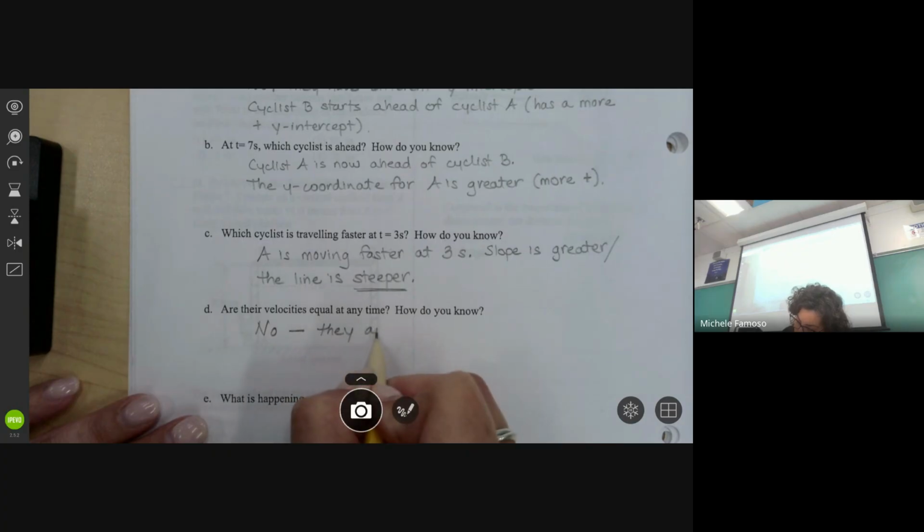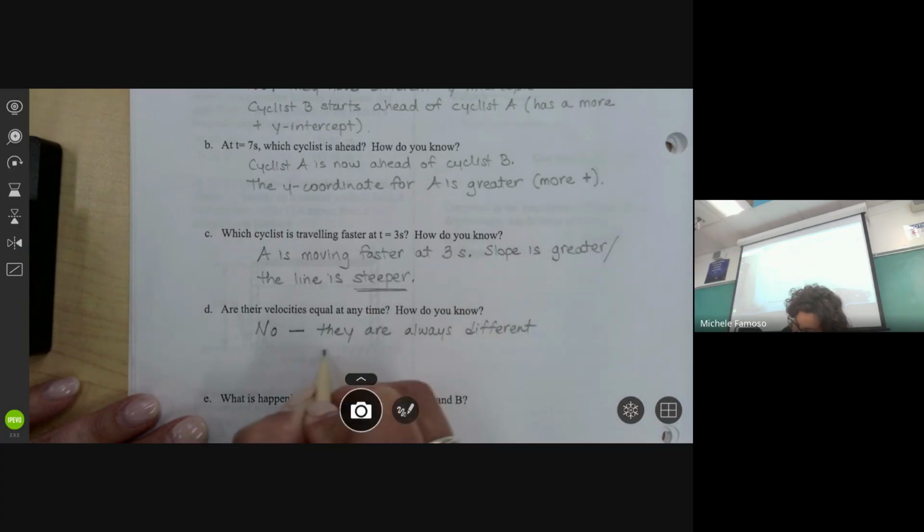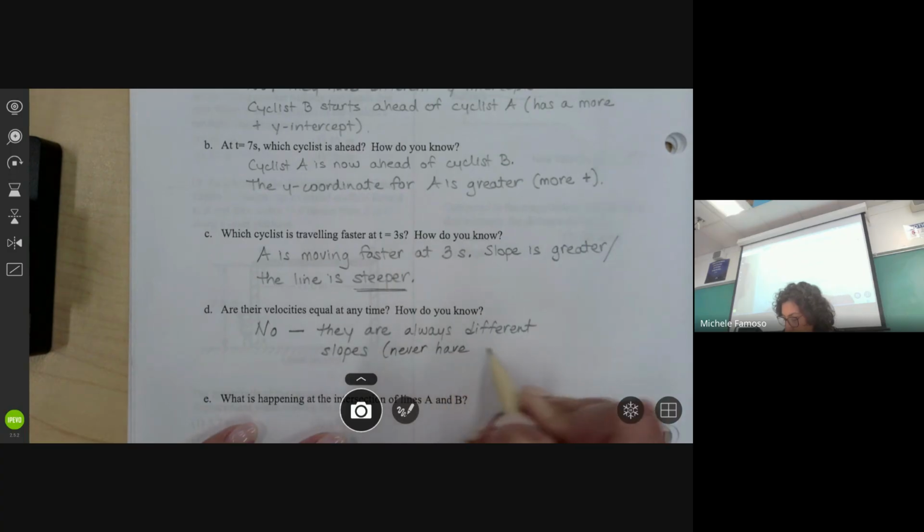They are always different slopes, or they never have the same steepness.